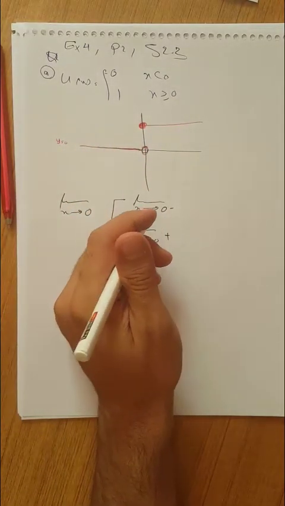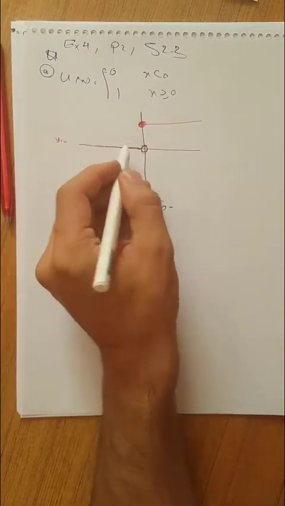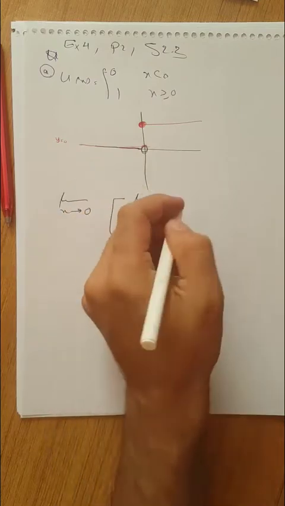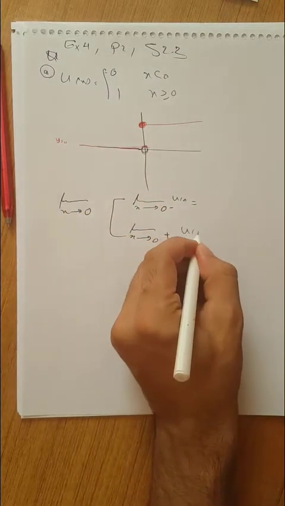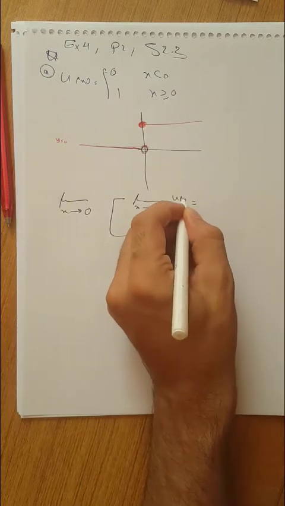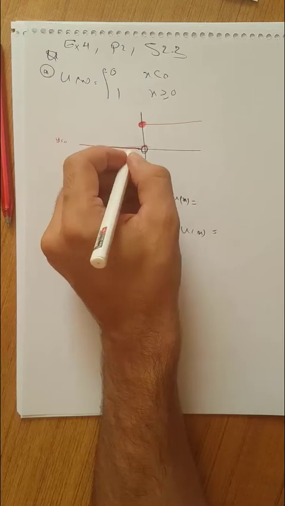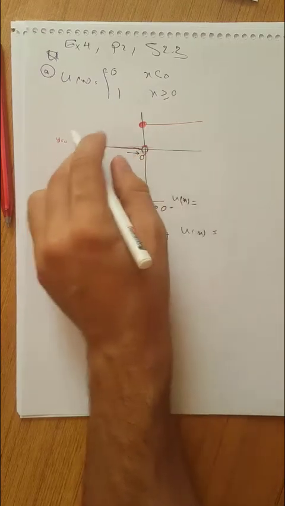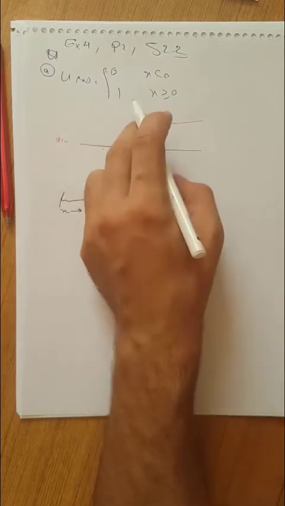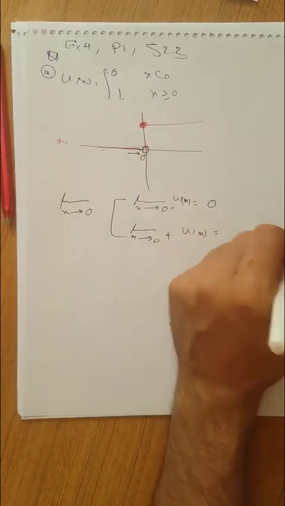So here, for the left side, I'm talking about this function u of x, here's the 0, here's the left side. When I am going to 0 over the x-axis, the result over y is equal to which function? This one or that one? Surely this one, so it's equal to 0.